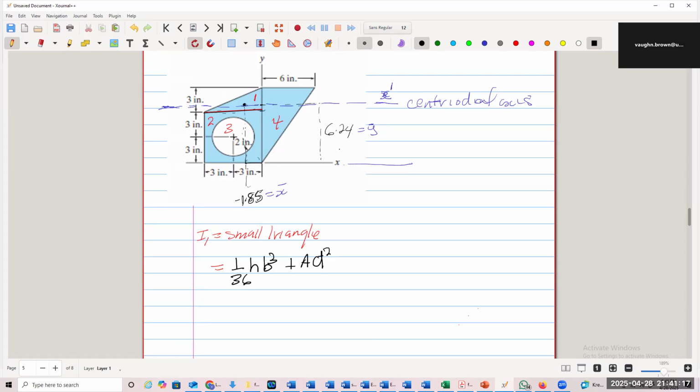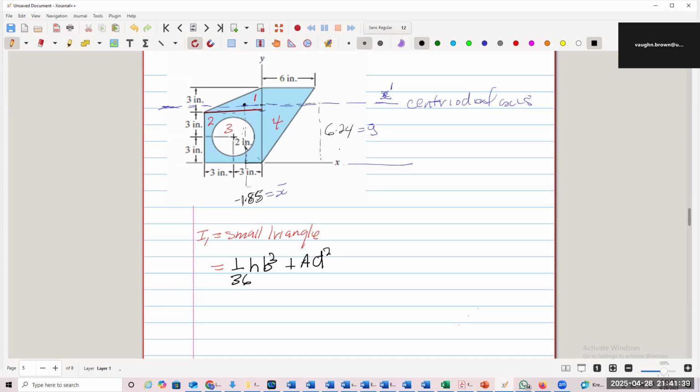Let me make sure that I'm reading it correctly, please. Sir, I think both of them are saying the same thing. They are saying the same thing in a sense, but you have to be careful how they label it, so I know what to call the base and what to call the height.